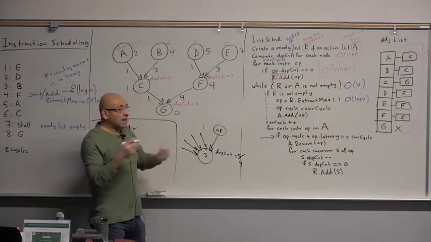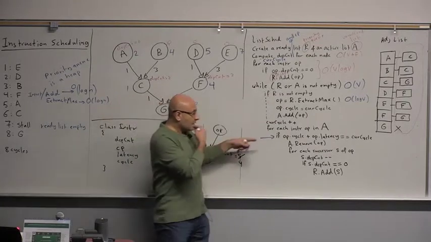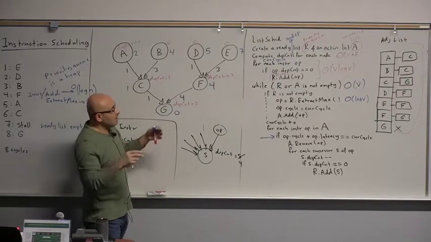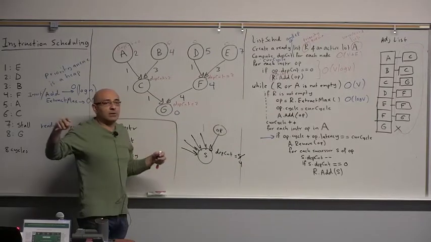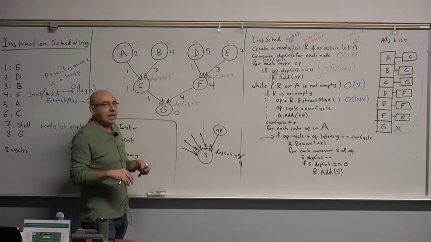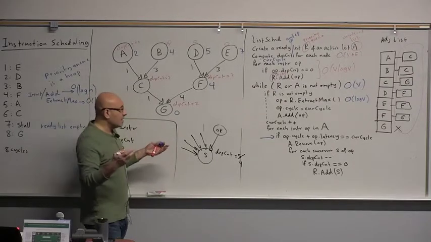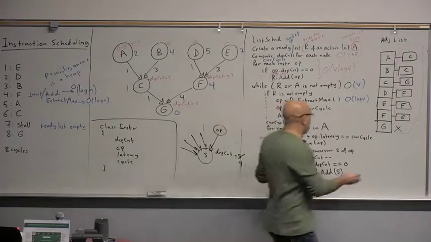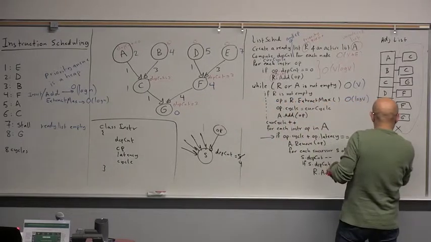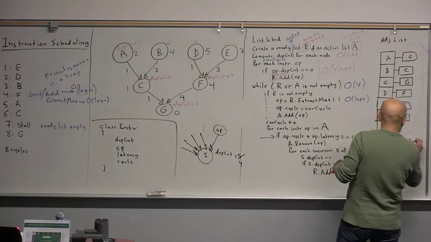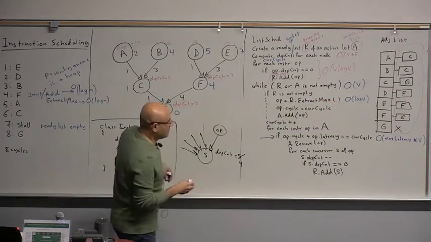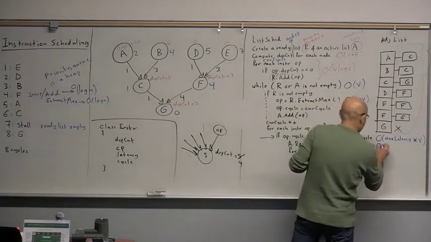So for an upper bound, an instruction will stay for a number of cycles that is less than or equal to the maximum latency, and the maximum latency is a constant. So this checking will be performed O of maximum latency times V, which is still O of V.